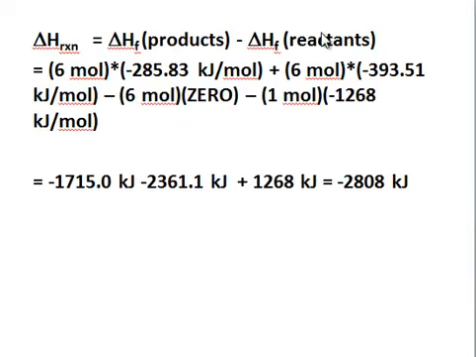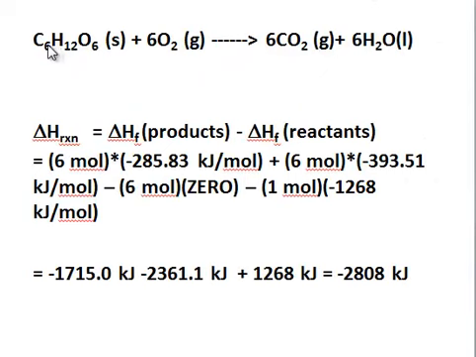All right, products minus reactants. Here I just present the numerical solution. Allow me to bring the balanced chemical equation onto this slide. There it is up at the top. So delta H for the reaction is delta H for all the products minus delta H for the reactants.